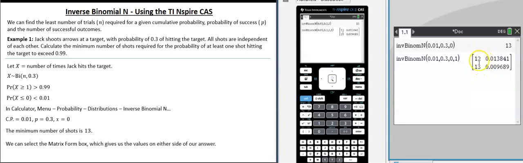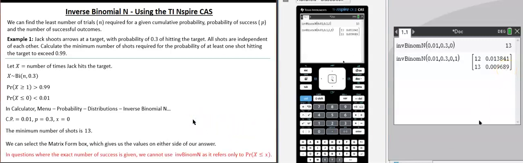It says at 12, the probability that he hits it 0 times is 0.013, so that's too high. And so 13 is the first time our probability falls below 0.01, so that's why our answer is 13.